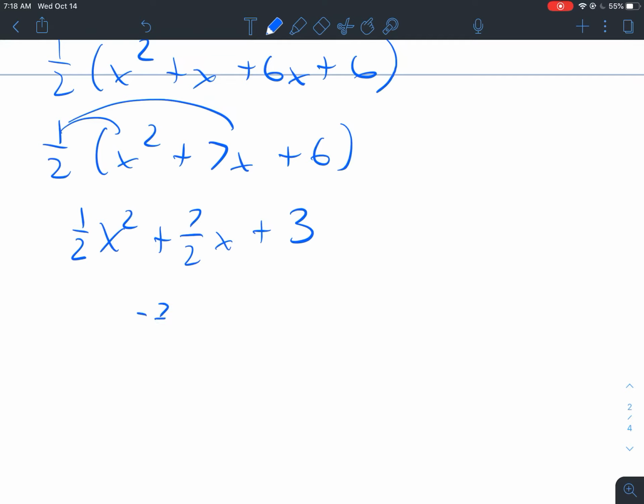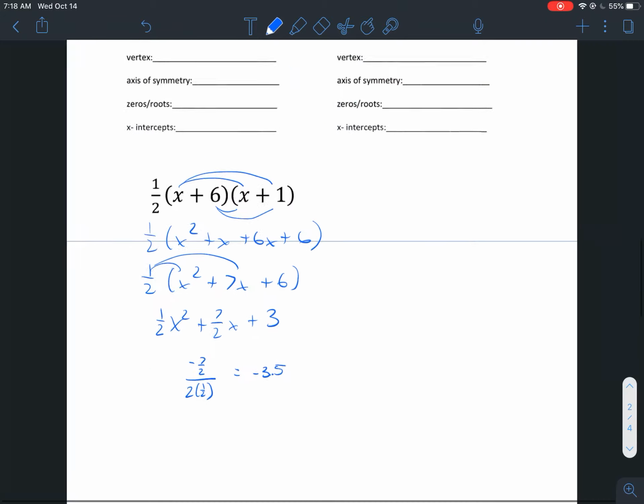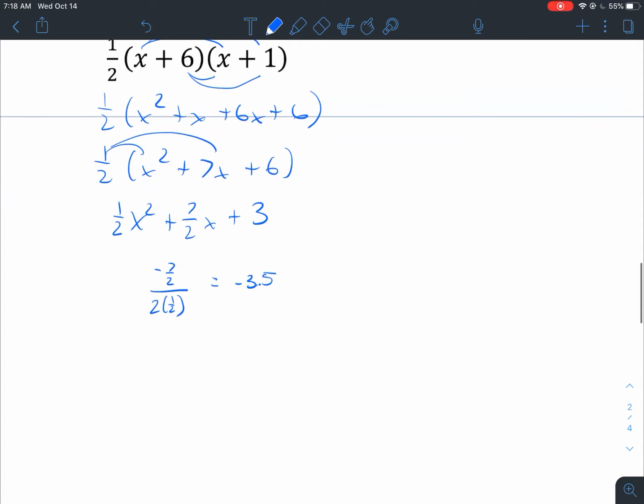We're going to have negative 7 over 2, all over 2 times 1/2. I'm going to plug that in, negative 7 over 2 divided by 2 times 1/2, and I got negative 3.5.